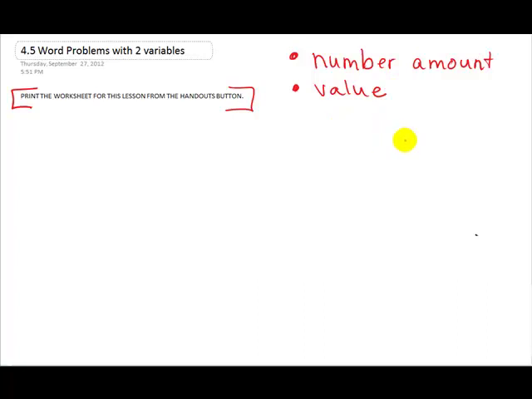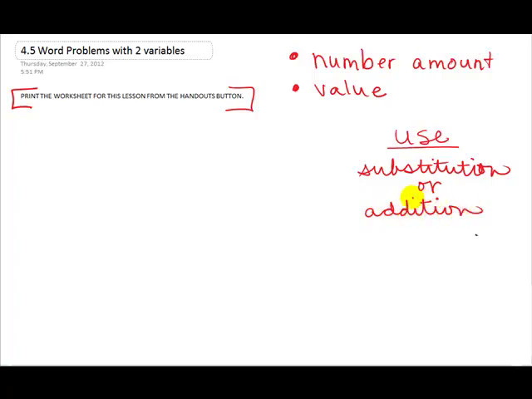And to solve these, we're either going to use substitution or addition, which is also called elimination.